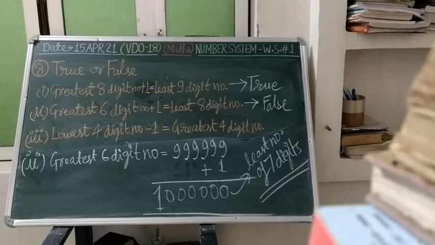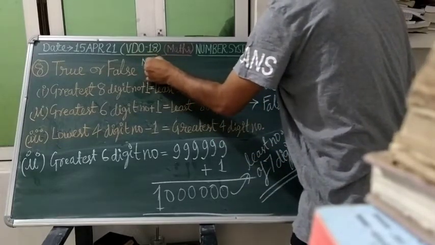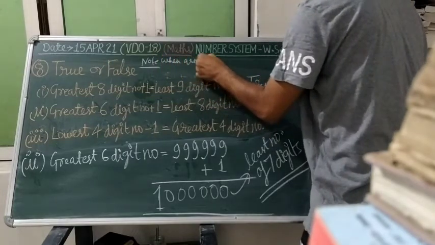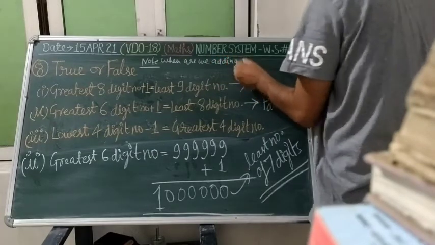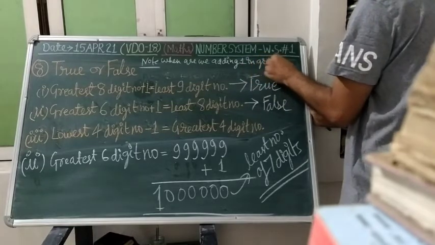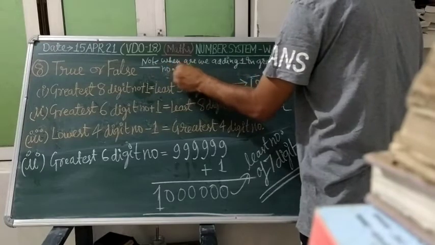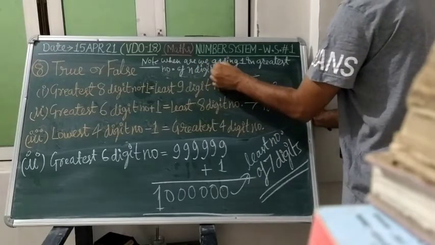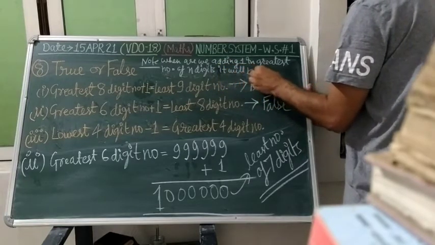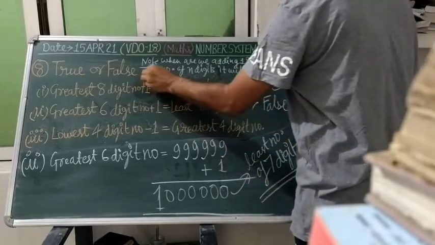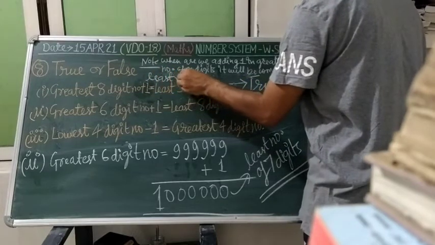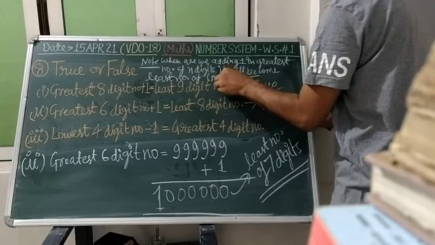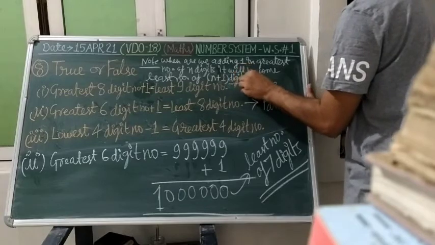So the meaning is that if we are adding 1 in the greatest number of n digits, note: when we are adding 1 in the greatest number of n digits, it will become the least number of n plus 1 digits.